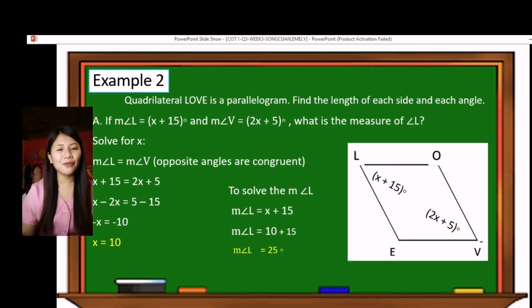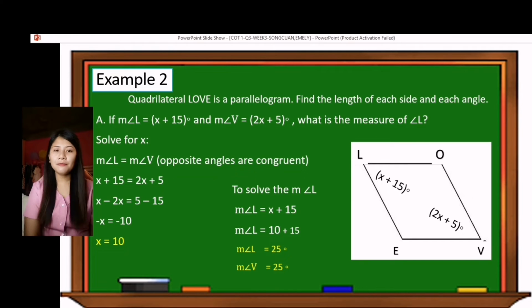So the measure of angle L is equal to 25 degrees. As I said a while ago, the measure of angle L and the measure of angle V are both equal because opposite angles are congruent.